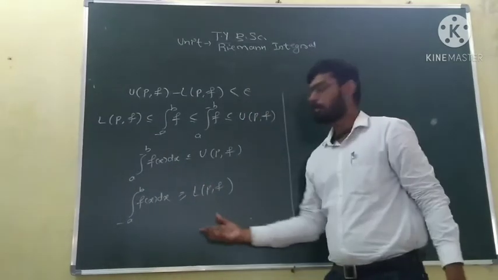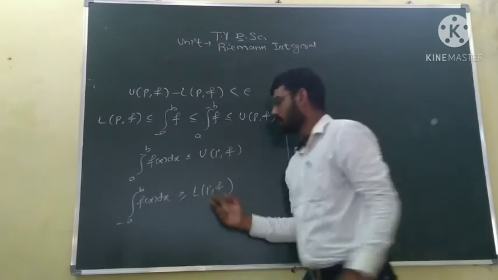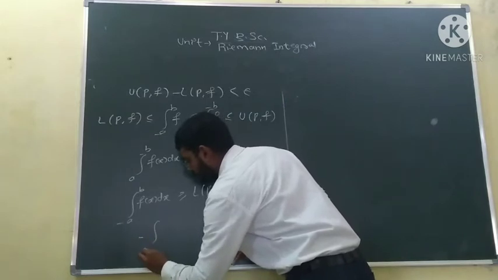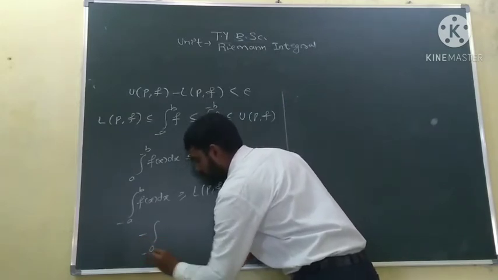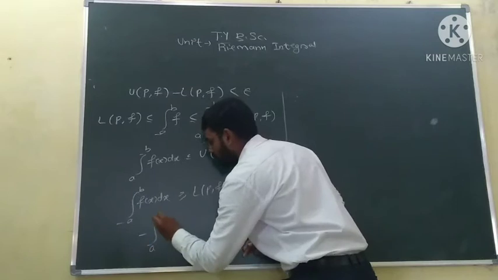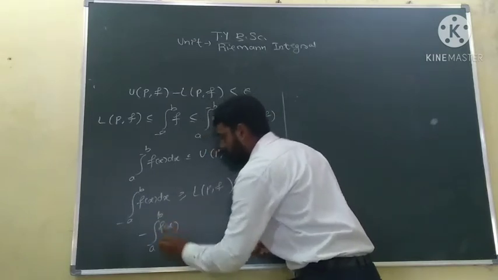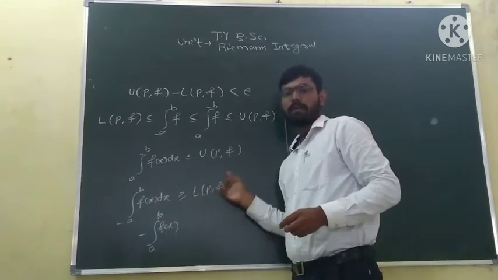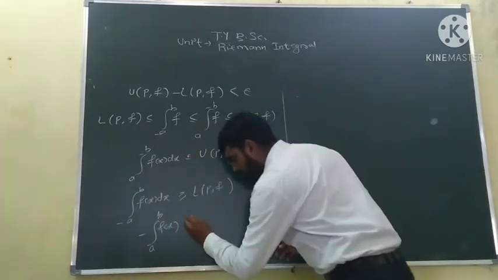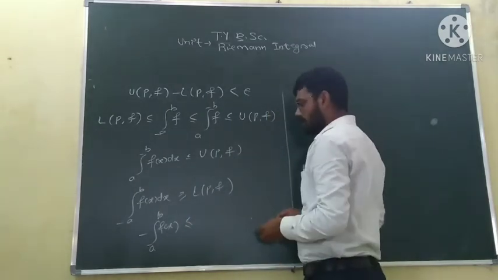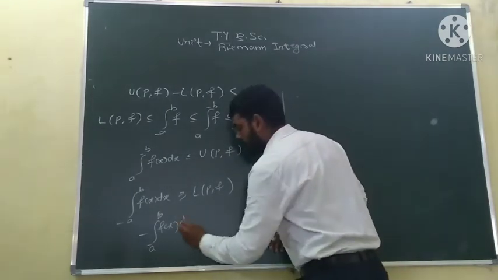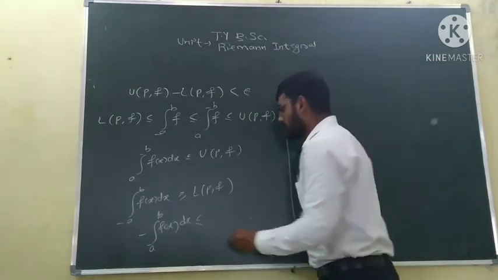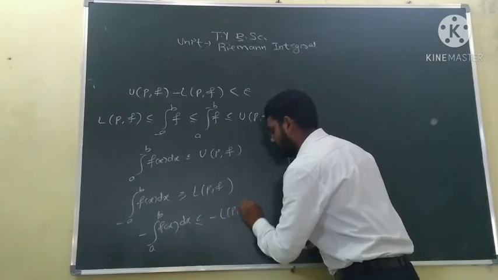If you multiply this on both sides by minus, then what happens? Then we can write that minus of the lower integral a to b of the function, since we are multiplying by minus, the smaller part becomes greater, so this becomes less than or equal to minus of lower sum.